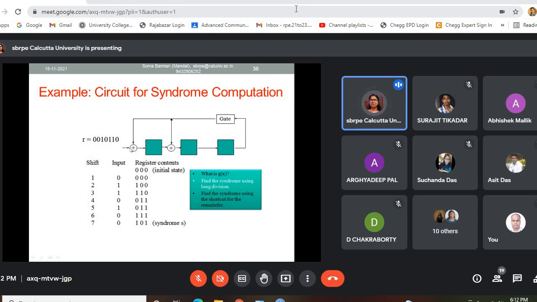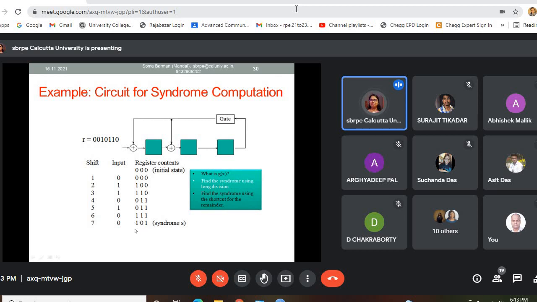When the last 0 comes, this is 0 and 0 here, and previously it was 1, so this is 1. Now this is 1 and this is 1, so it is 0. And as the previous bit is 1, the third register content is 1. So you are getting 101.